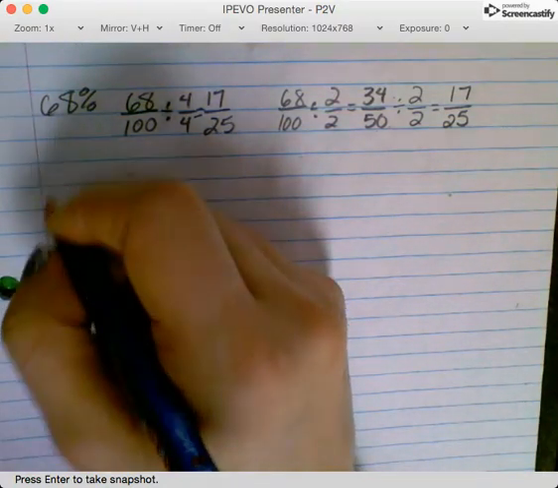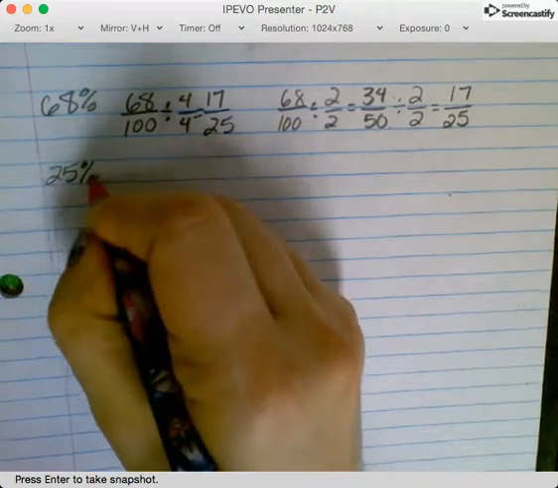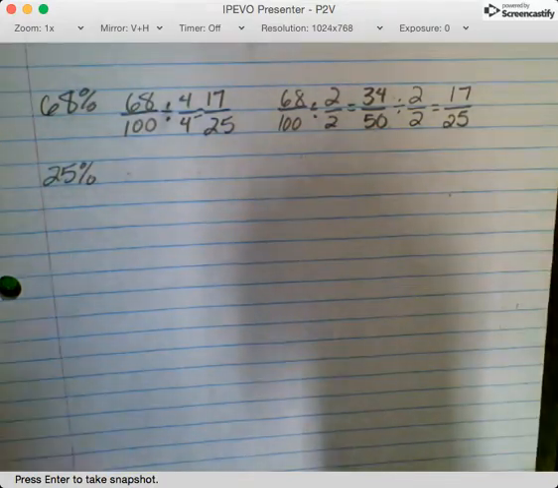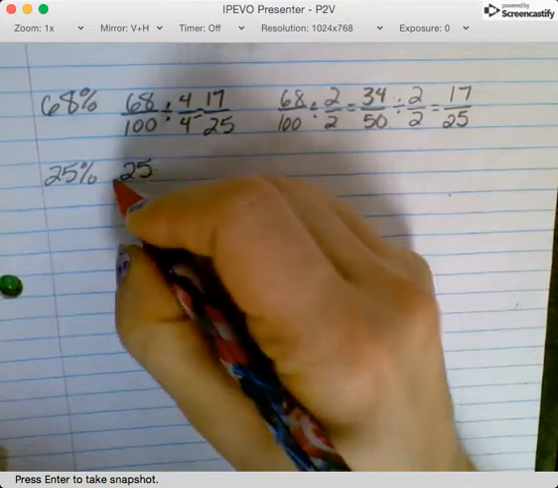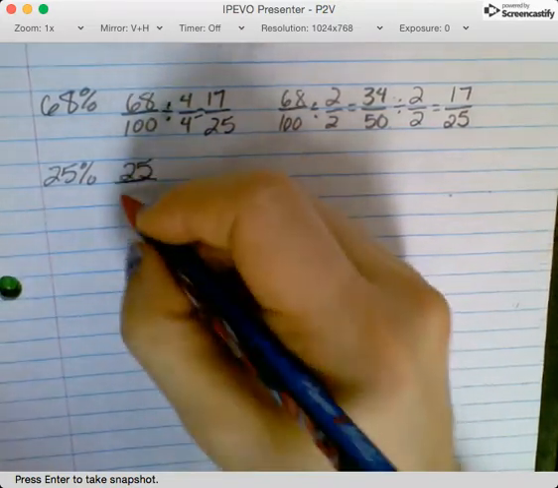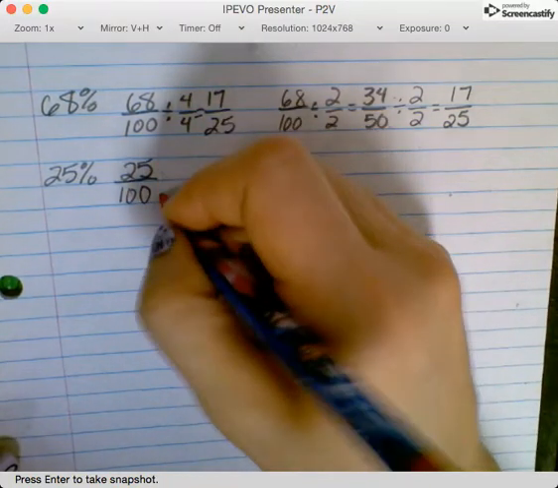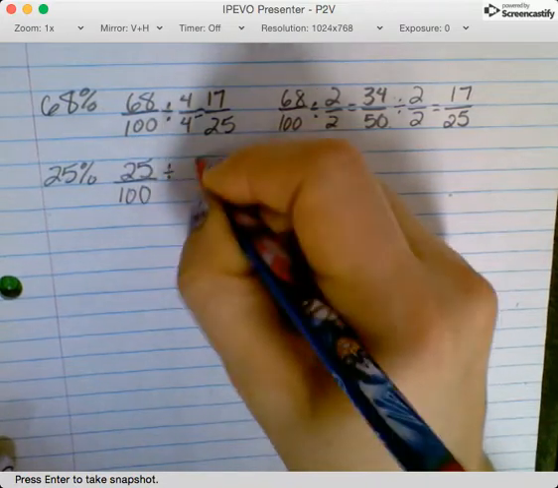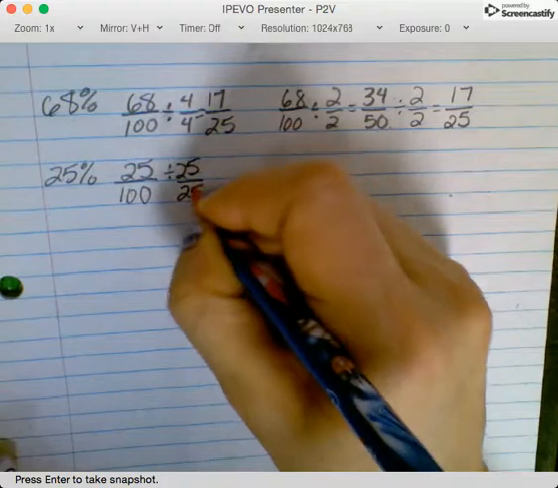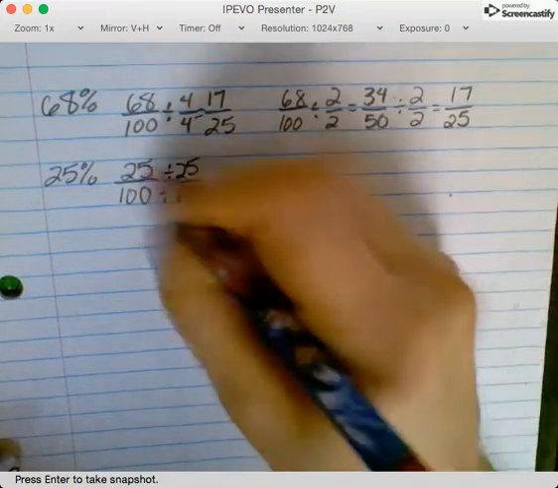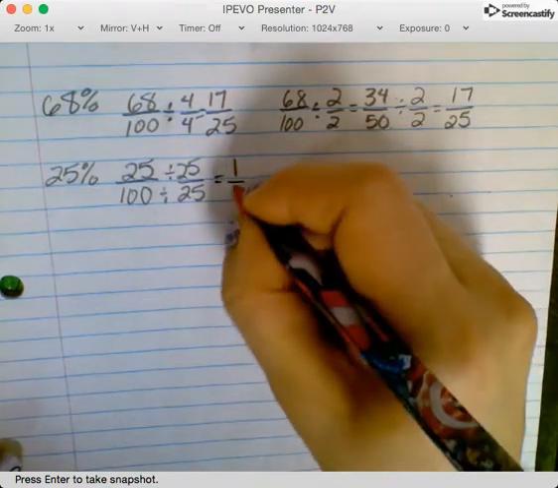Another example, let's just do 25%. Some of you may be able to figure this one out just in your head, but just for the video's sake, I'm going to go over this the same way that I would the others. So 25 we're going to put out of 100, and 25 and 100 can both be divided by 25. 25 divided by 25 is 1, and 100 divided by 25 is 4.